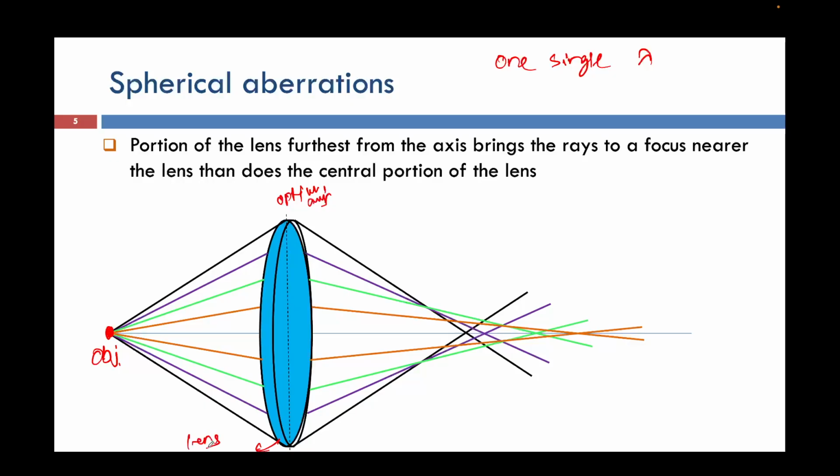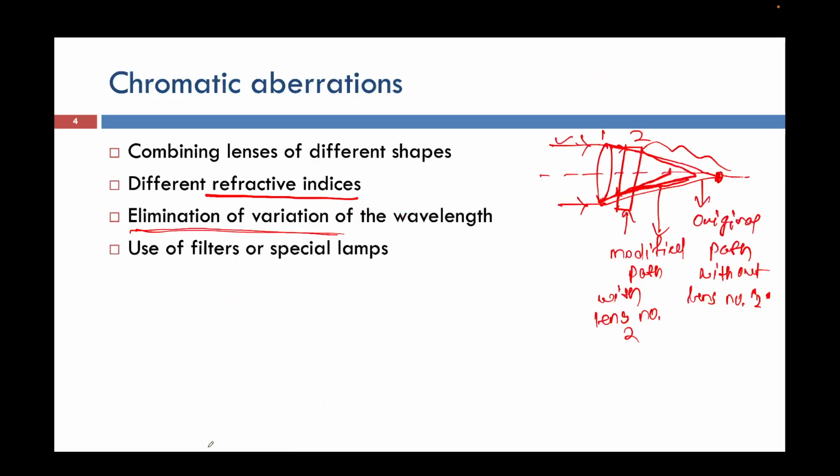Now till chromatic aberration, whenever I have drawn the thin lens equation, by default we have assumed perfection in the lens. Perfection in the lens, what do I mean by that? Let me go back to this here.